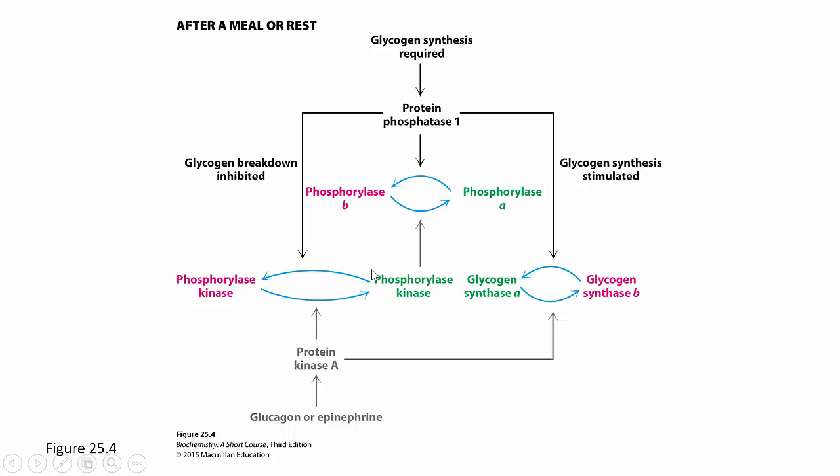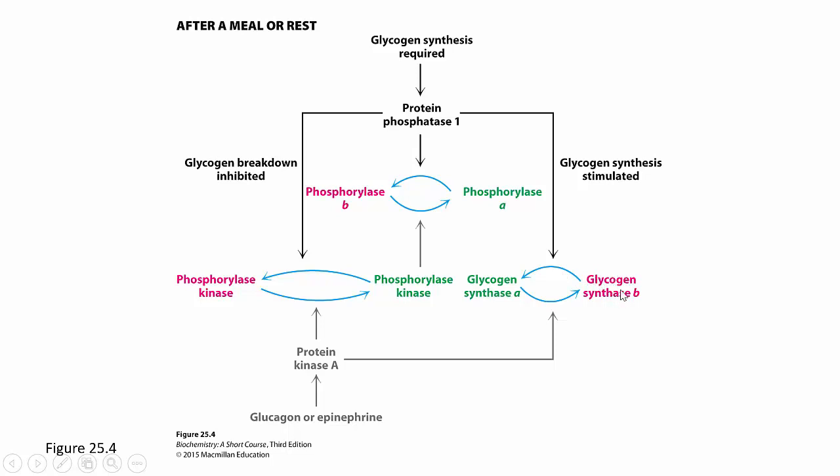But under conditions of rest, when we already have a lot of glucose in our system, we want to stimulate glycogen synthesis. So what happens here is that there's an enzyme called protein phosphatase 1, or PP1, and PP1 is going to remove phosphate groups. So it's going to remove a phosphate group from glycogen synthase.